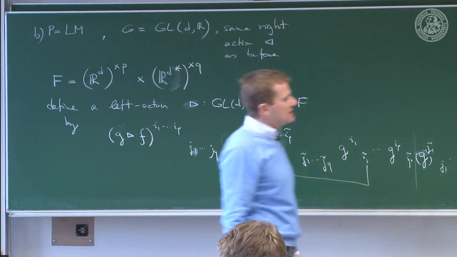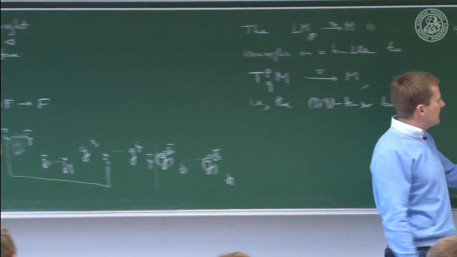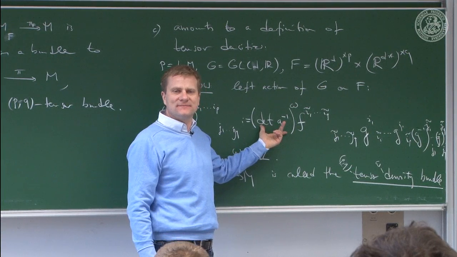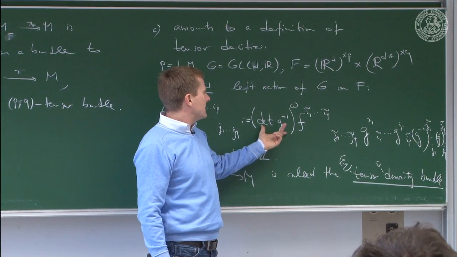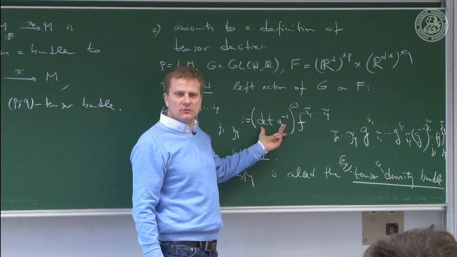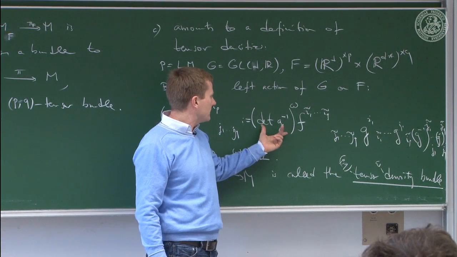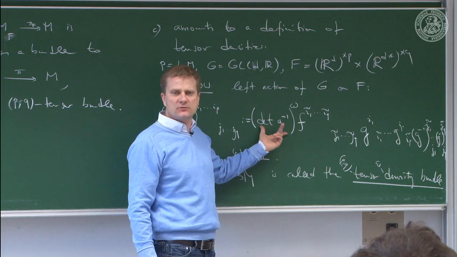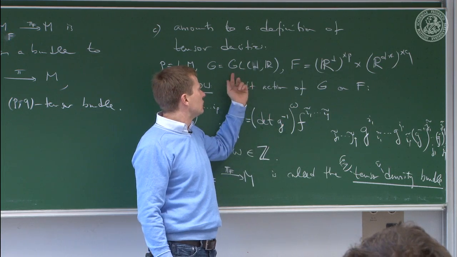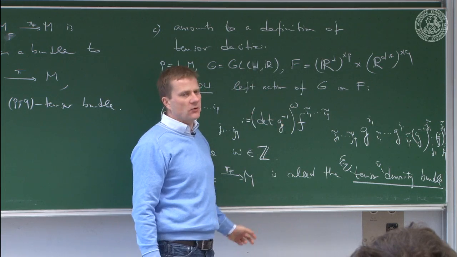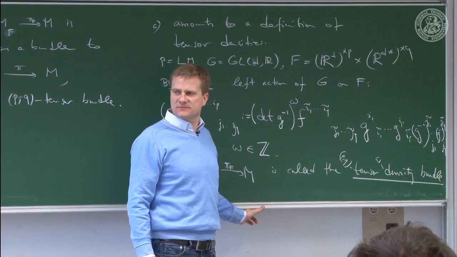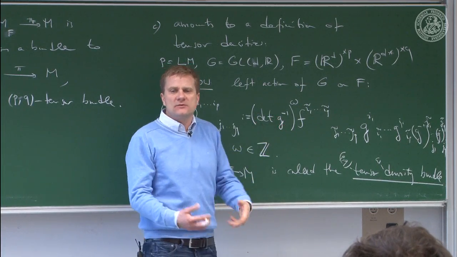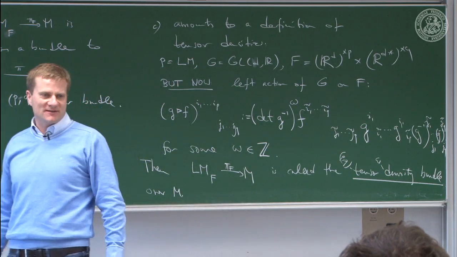And you see the point about densities is that the determinant of G inverse isn't necessarily 1, unless you restrict the group to a group where this is already given, that the determinant is 1. For instance, if you choose as the group not the general linear group, but you use the orthogonal transformations with respect to some metric, they have determinant 1, and then you don't see the tensor property.